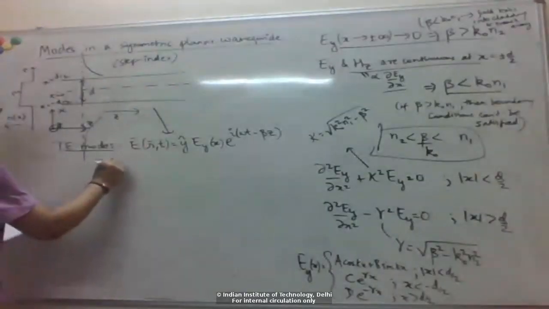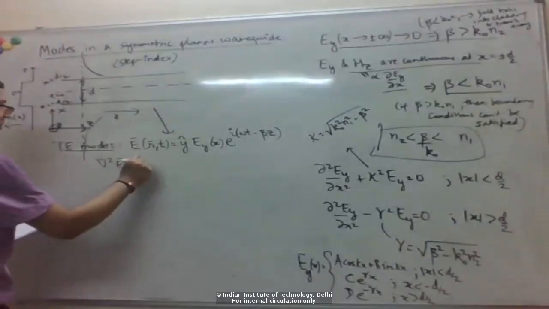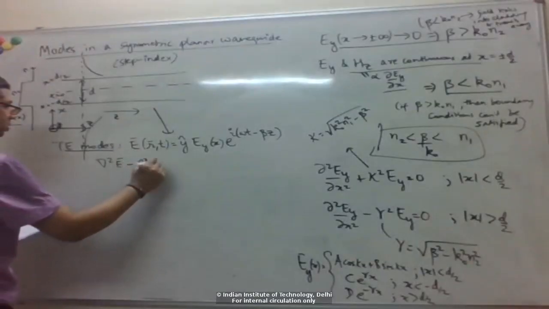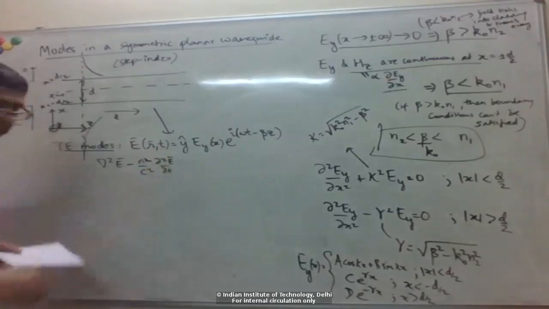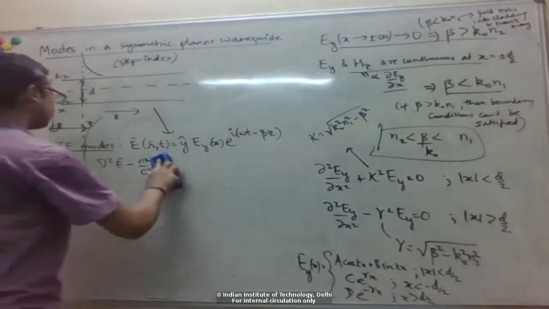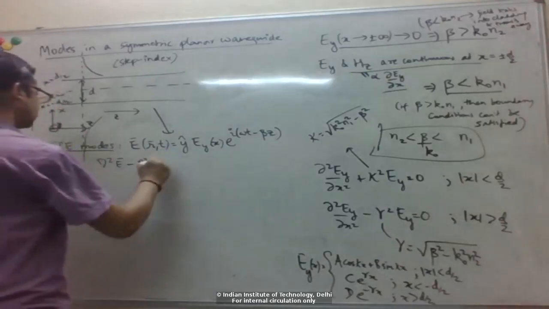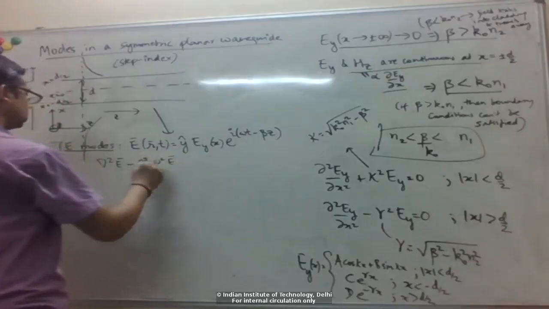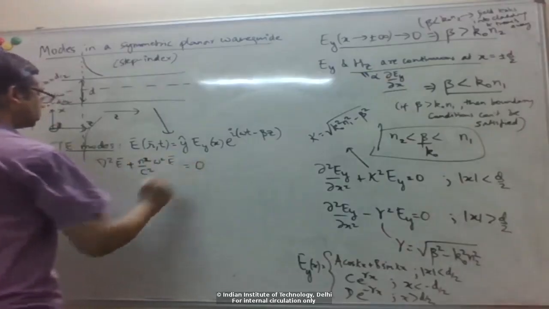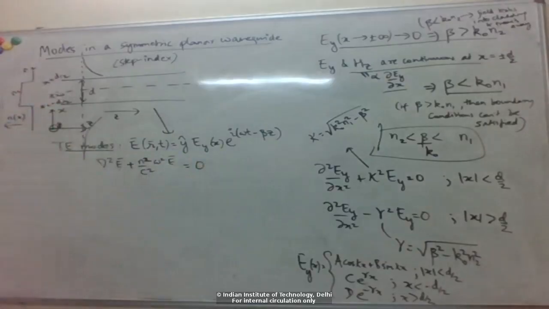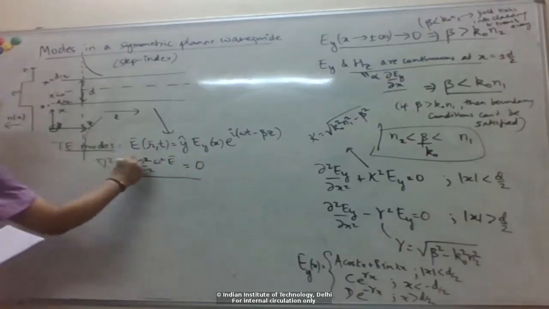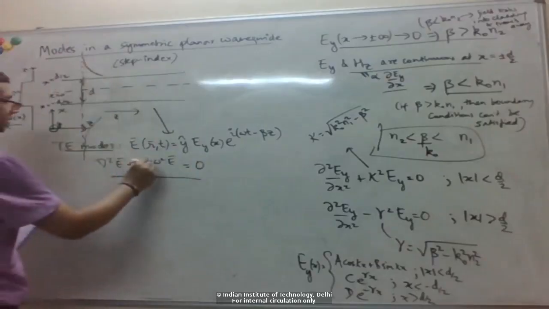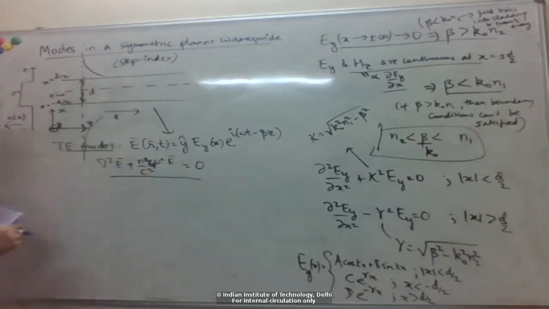So the homogeneous wave equation is something like this. If I take the omega, then it's just a constant here. So if we take the medium as a whole, the refractive index is some function of x.